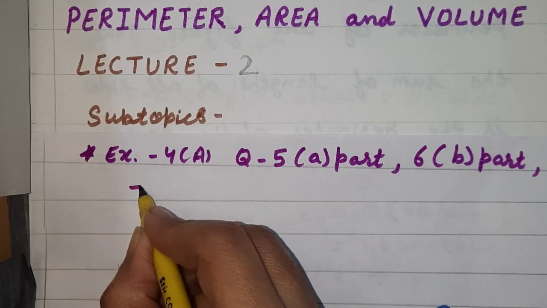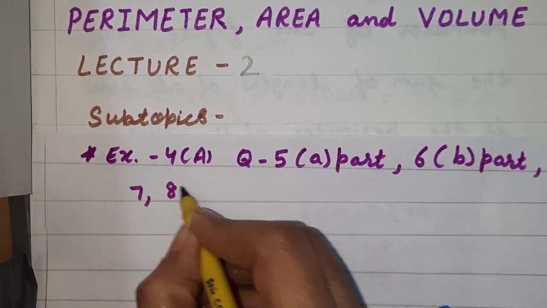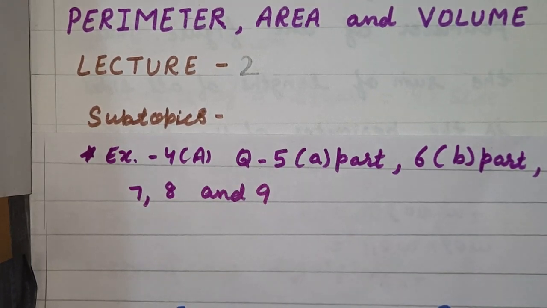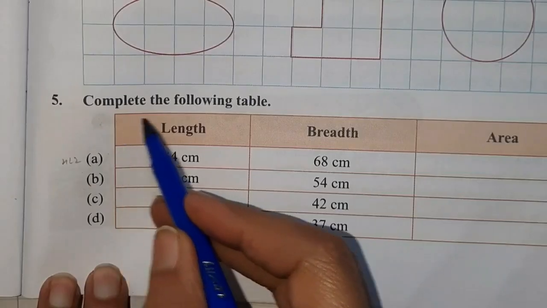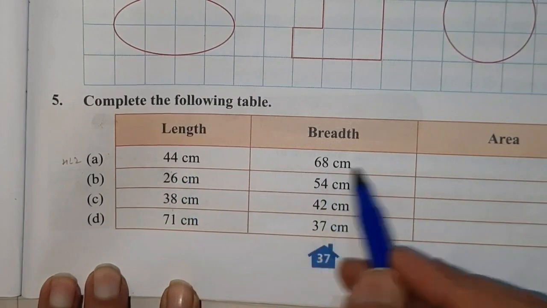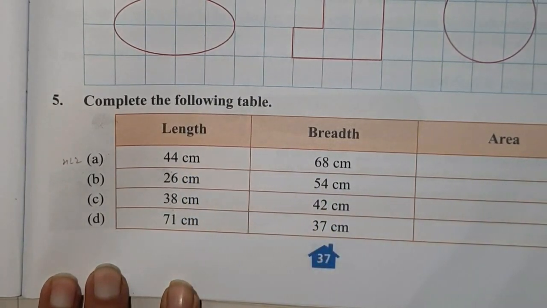Question number 7, 8 and 9. These questions are related to perimeter and area. Question number 5, complete the following table. Length is given, breadth is given, we have to find out the area.